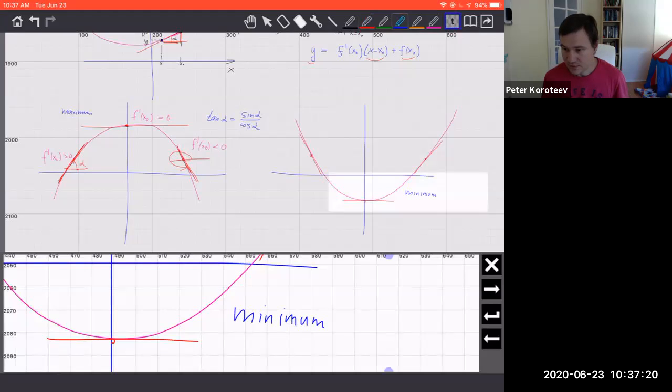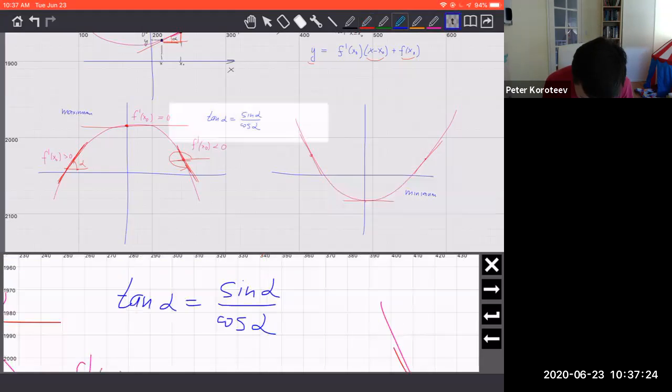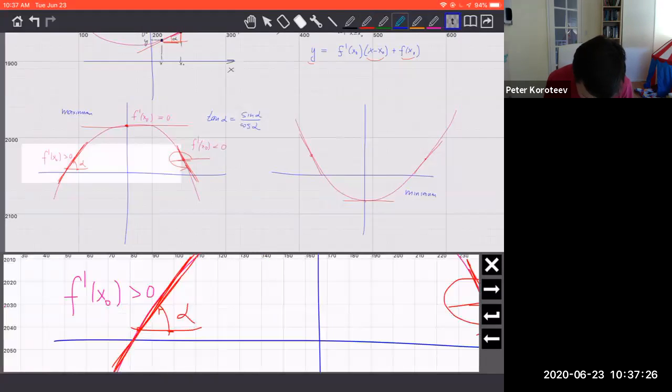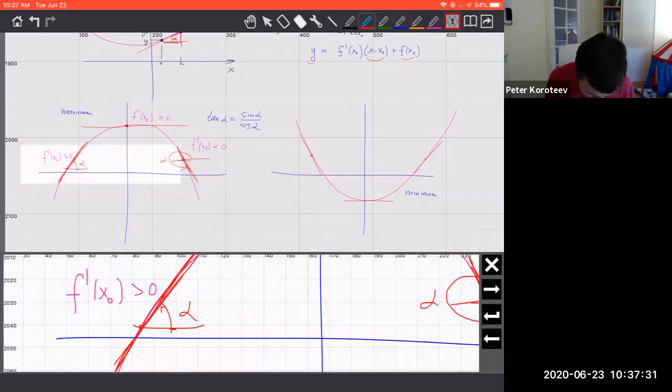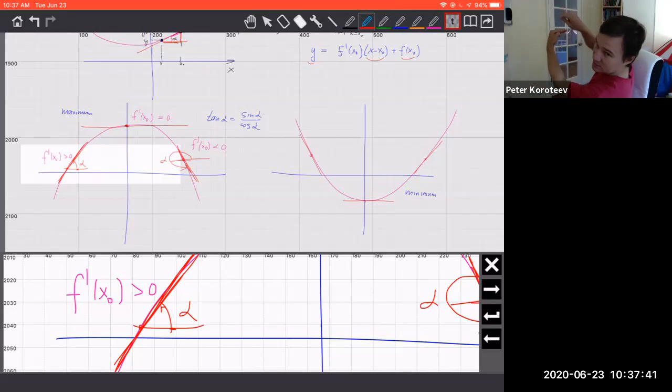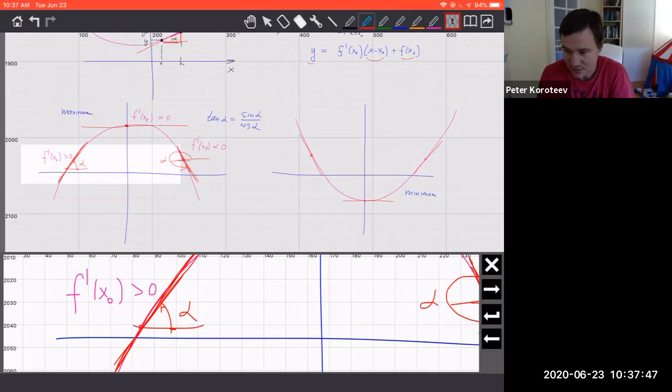How are you using the tangent alpha in relation to this graph? So like I said, you measure alpha between the x-axis and the tangent line. So you dial it counterclockwise like that. Well, I mean, you look into my video, right? So it should be like that. And then I was commenting on the sign of the derivative.